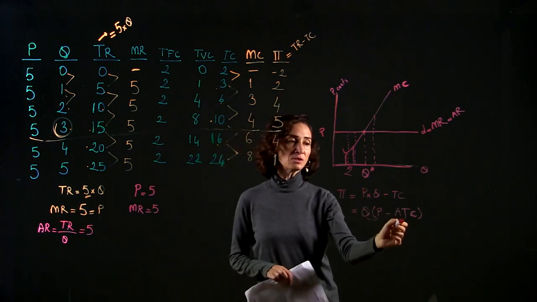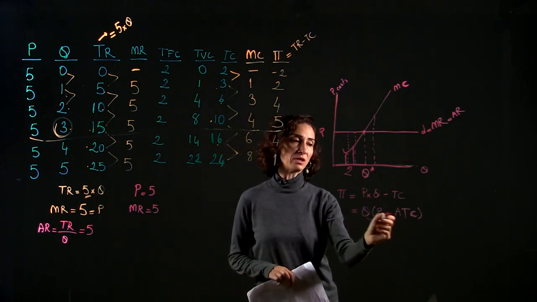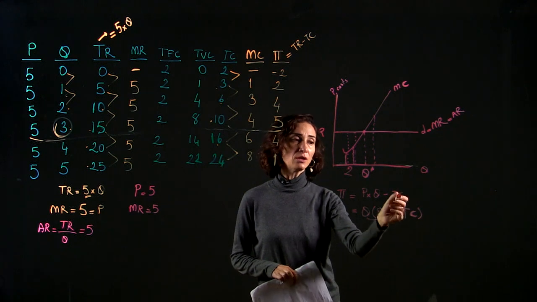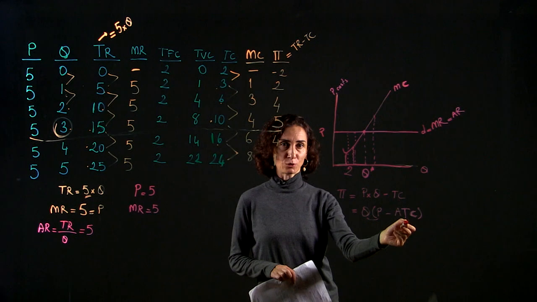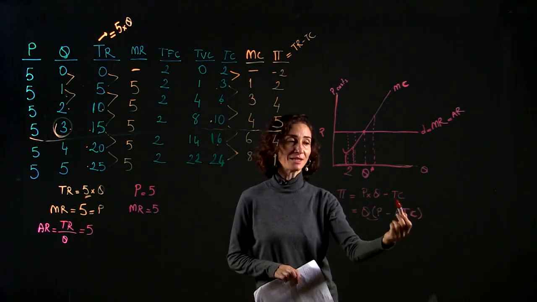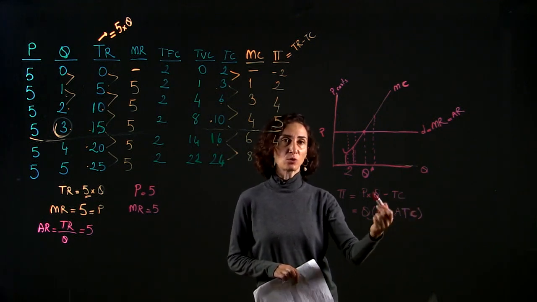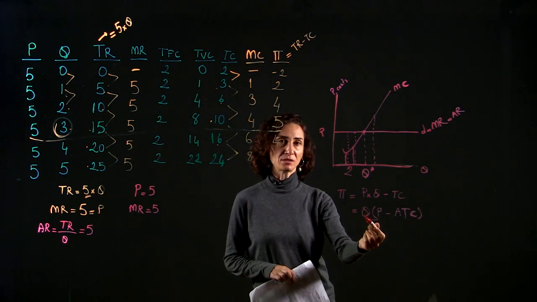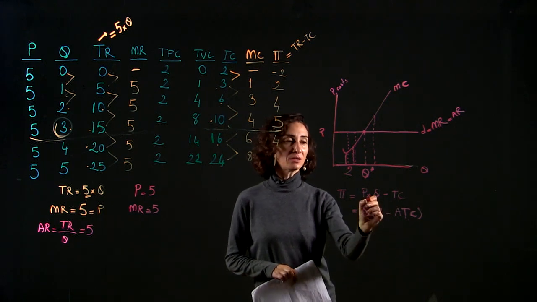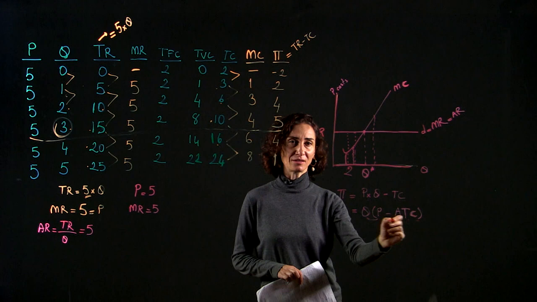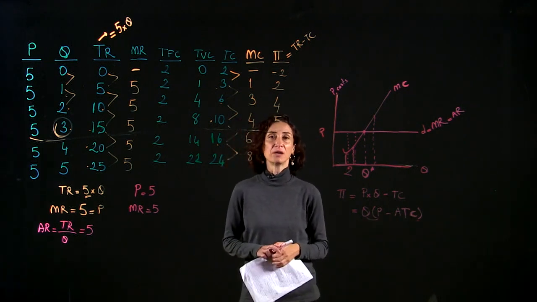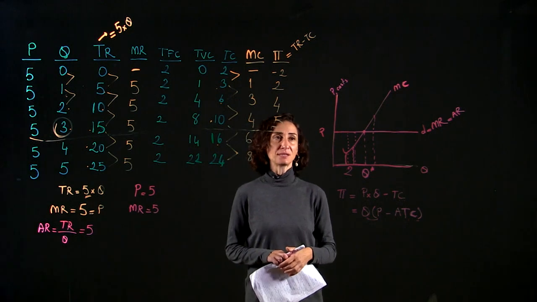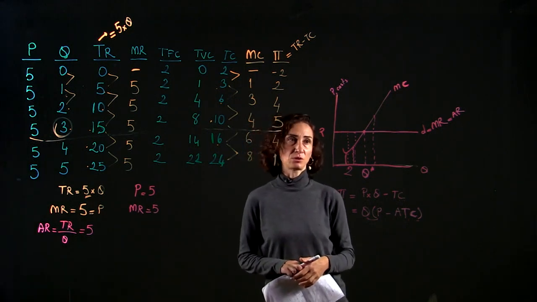And once you multiply quantity with average total cost, you will find total cost. Why? Average total cost, by definition, is equal to total cost divided by quantity. So this is same as the second line: quantity times, in parentheses, price minus average total cost.